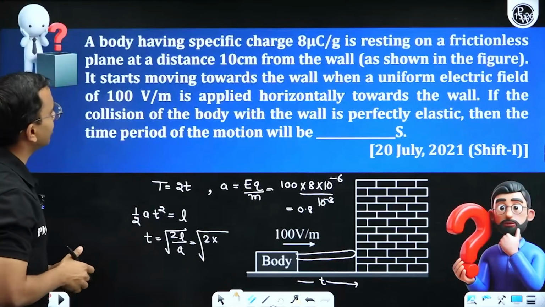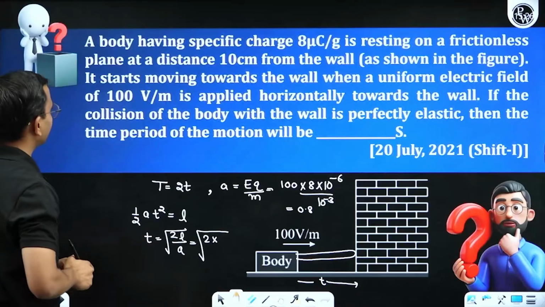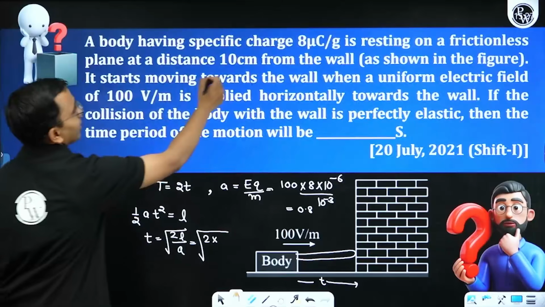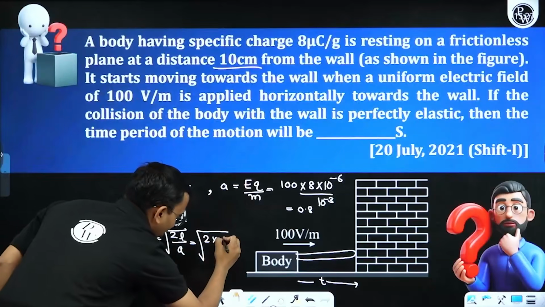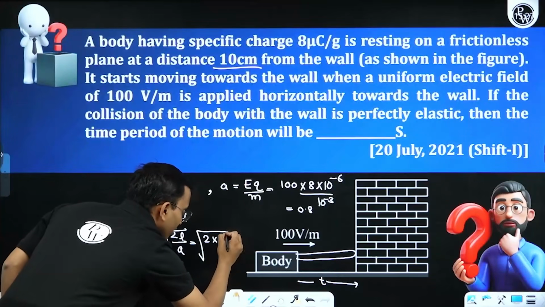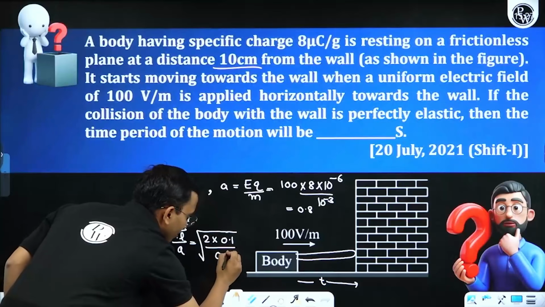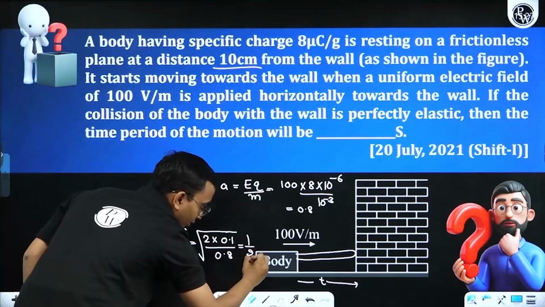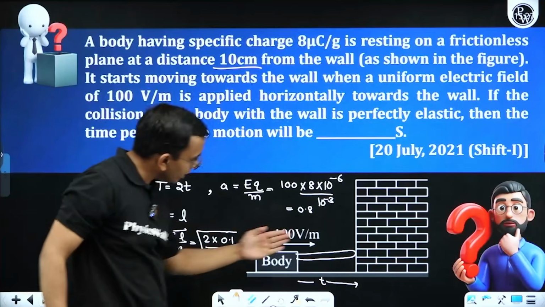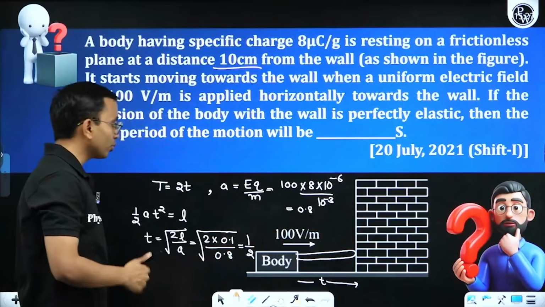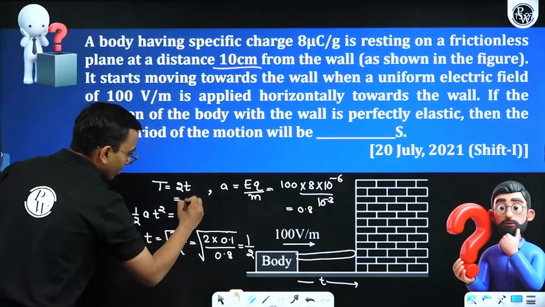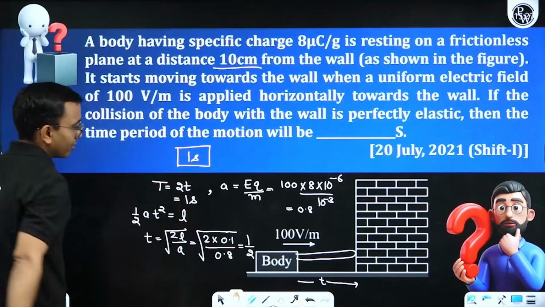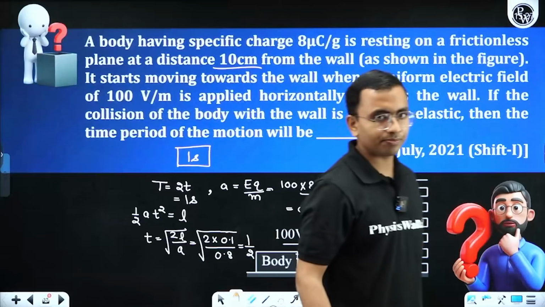L is given as 10 centimeter, here it is mentioned 10 centimeter. So 0.1 divided by a is 0.8. So this becomes root of 1 by 4. So that is 1 by 2 seconds. So 1 by 2 seconds to go and strike, 1 by 2 seconds to come back. Total time period becomes 1 second. So the answer is 1 second.